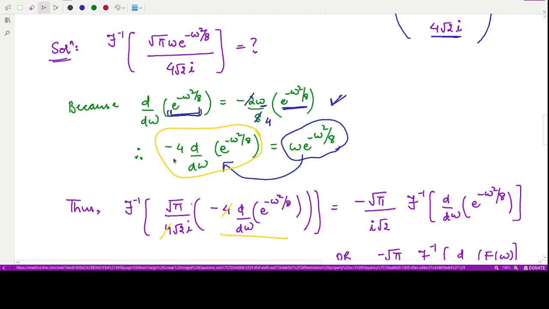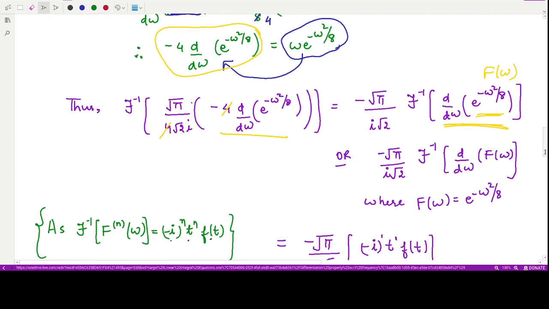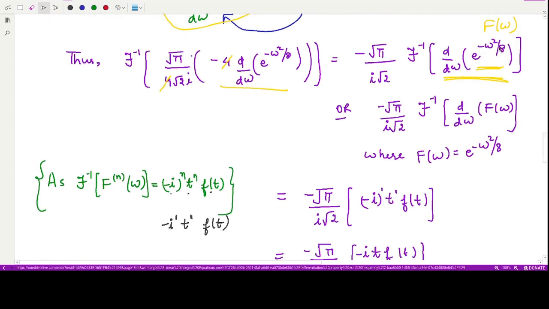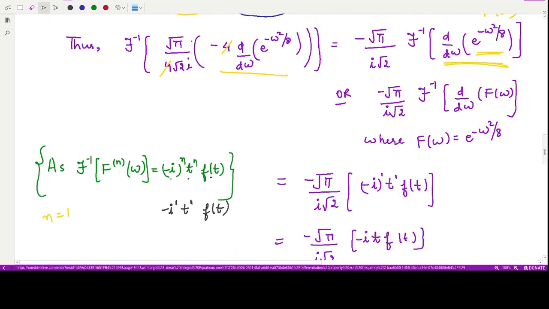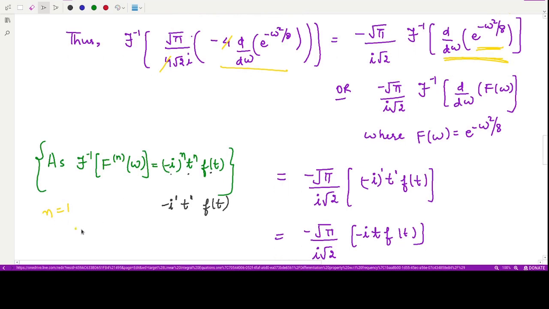So when you apply the Fourier inverse onto the derivative of some function, now what is this? This is some f of omega. So you have the first derivative of this f of omega. When you perform this first derivative according to the formula, when n is equal to 1, your formula simply reduces to Fourier inverse of the first derivative of f of omega, that is equal to minus iota raised to power 1 t to the power 1 f of t, right?